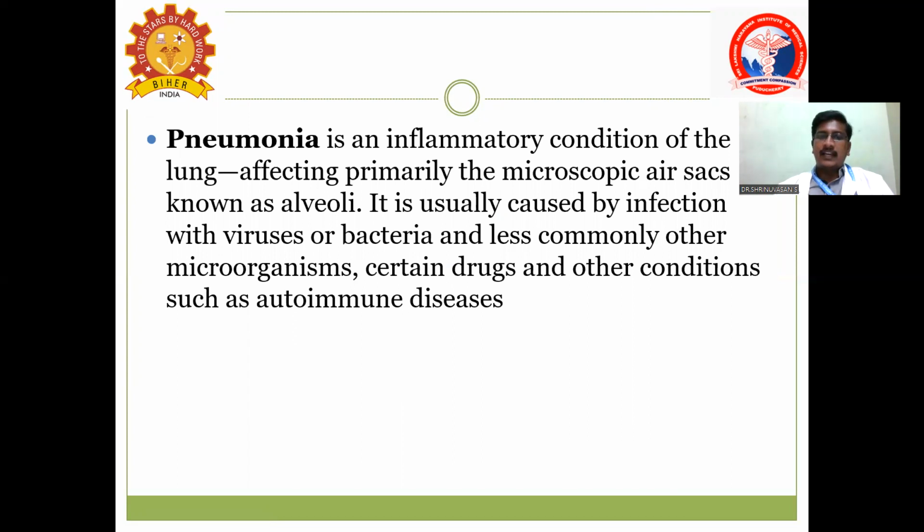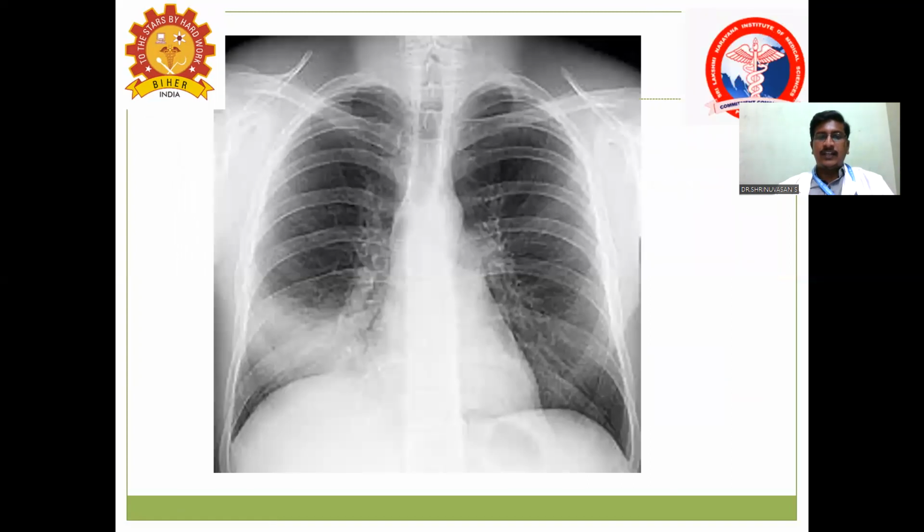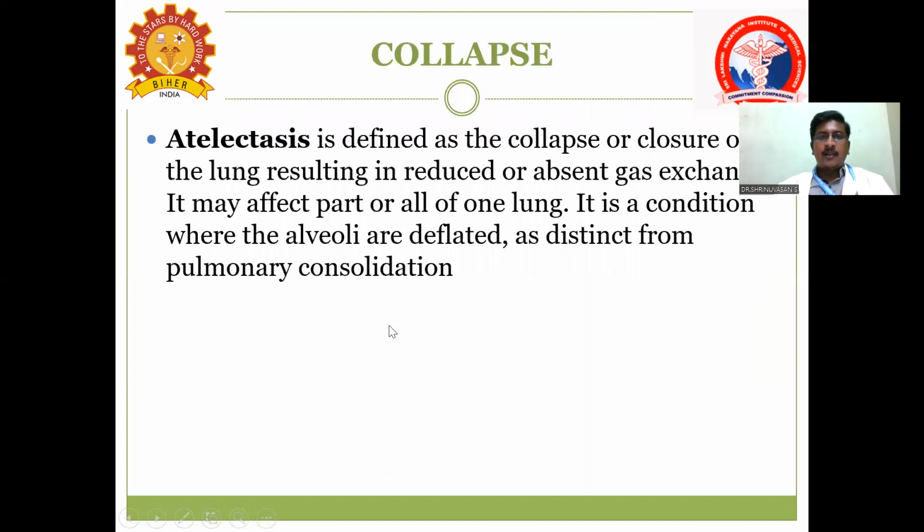Whenever air-filled alveoli are filled with inflammatory exudate, we call it pneumonia. Pneumonia appears like a patchy opacity. It doesn't produce any mass effect, pushing the mediastinal structures to the contralateral side. It will present as ill-defined patchy opacities in different areas of the lung.